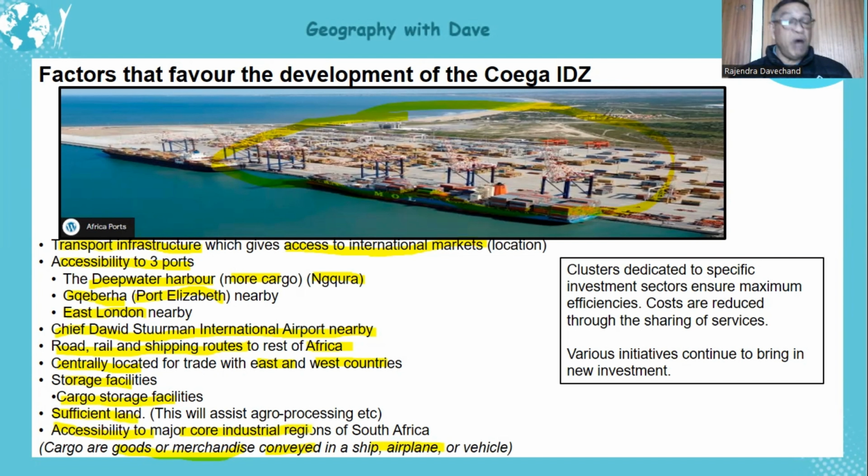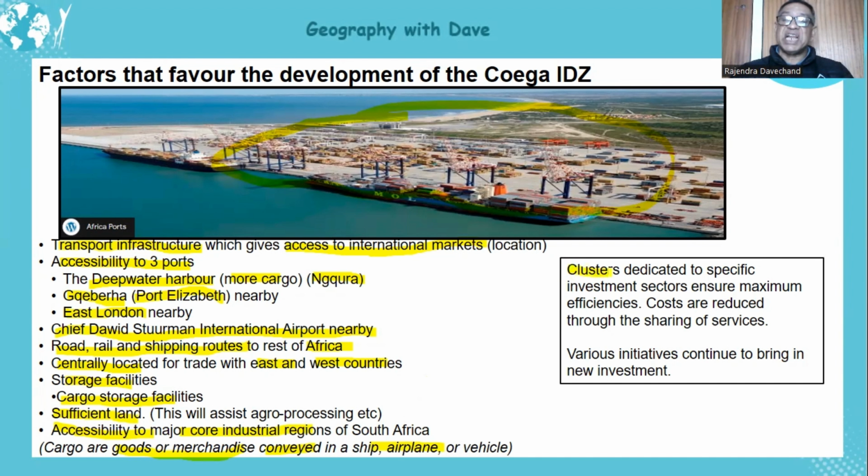In fact, we have one right there, the Uitenhage area, our core industrial region is right near, in fact, the Kuka is there, in that region. So we have a market there, we have a market in all the other core industrial regions, and we link to them very, very well. I put this point in terms of the various initiatives that have been taken at the Kuka IDZ, and that is, they were very skillful.